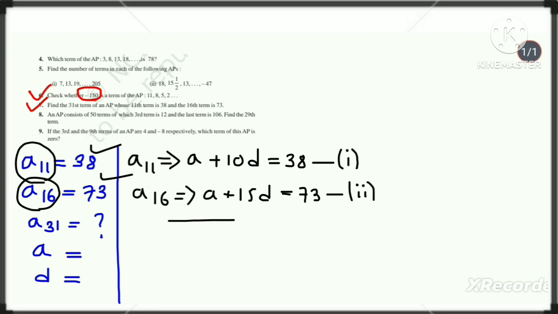Now subtract equation 2 from equation 1, and in doing so the sign of the terms which are getting subtracted will be changed. So here will be minus, and here also minus, and here also minus. Now this A and this A can be cancelled out, and here minus 15D and plus 10D.